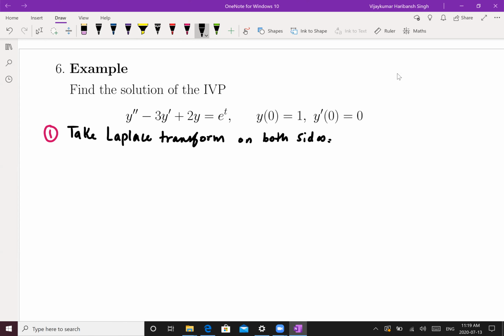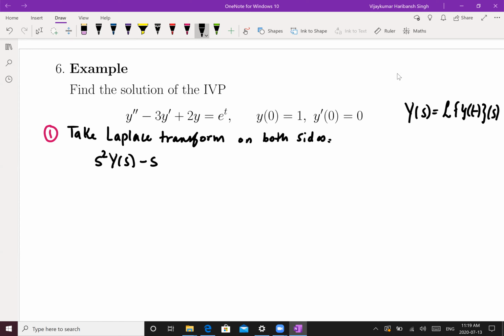What do we get? We get s squared Y of s. What is my Y of s? Again, we are going to use this notation once and for all. So it will be clear that Y of s, capital Y of s, is the Laplace transform of y of t, right? After all, when you're solving this, you're looking for y of t, right? That's the solution.